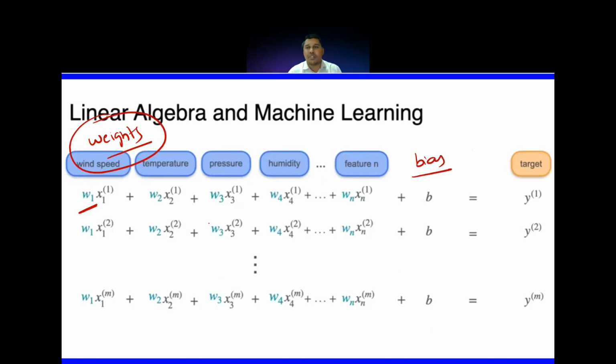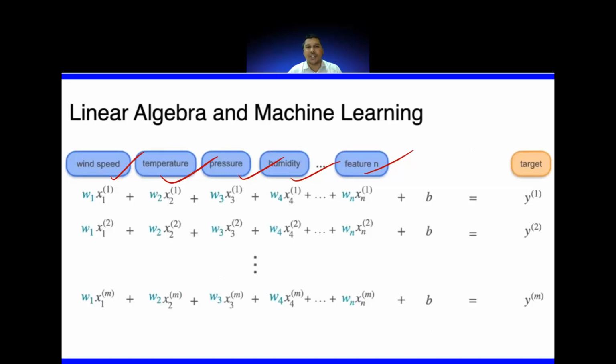In ML terms, something multiplied with a feature is called a weight. So these are all weights, and this is bias. That's why we have used the terminology W and B. Whether you use W or not doesn't matter. Your ML model is used for prediction. You can do prediction giving the values of x1, x2, x3, forming a regression equation. Using that equation, you can do prediction.